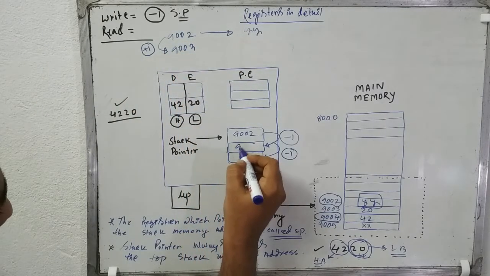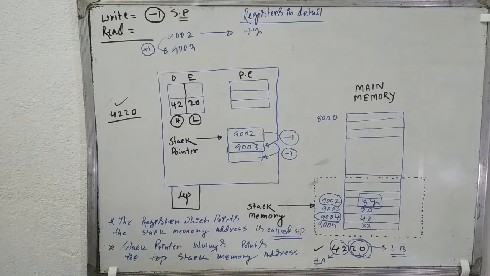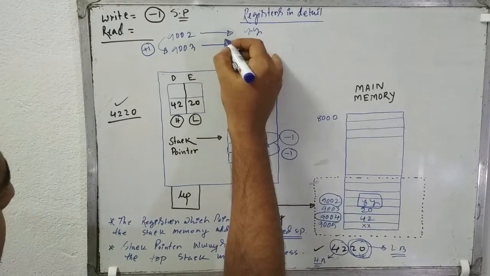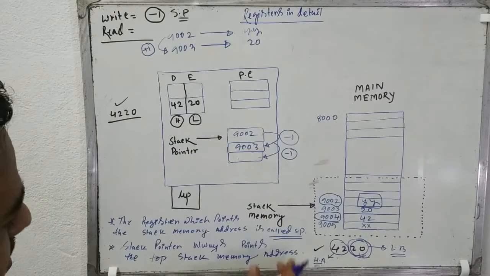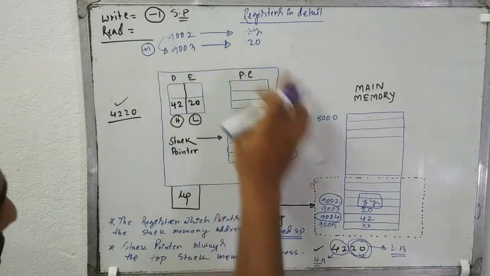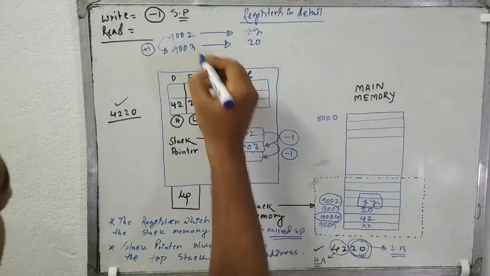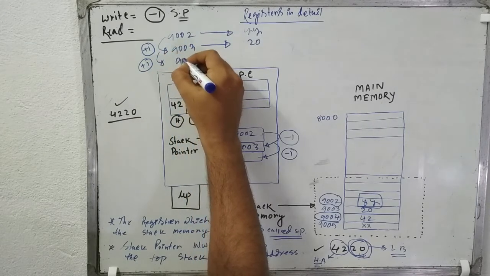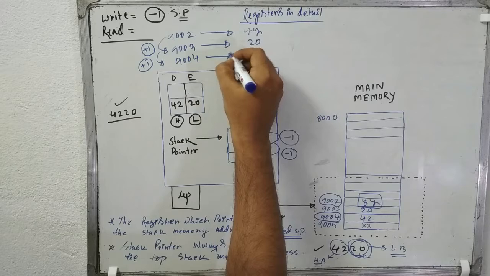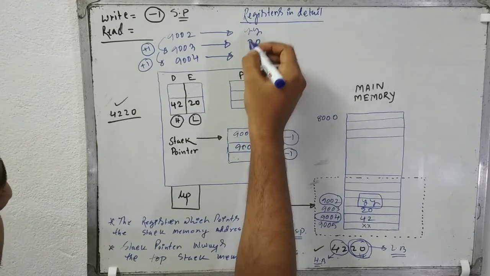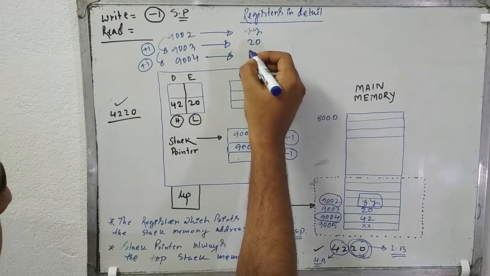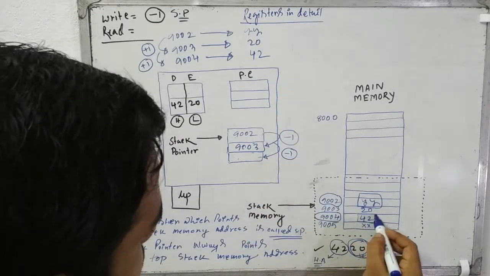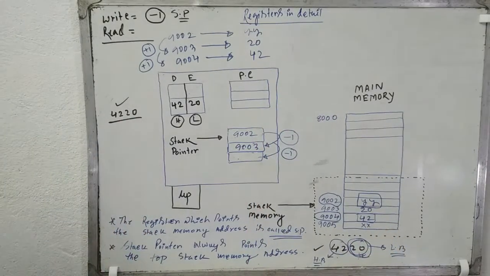It will point to 9003 and the microprocessor will again read the data of this stack memory location, which is 40. Then again it will increment its address value to 9004 and so on. In that way it will perform the read operation, and at the last it will read the 42.